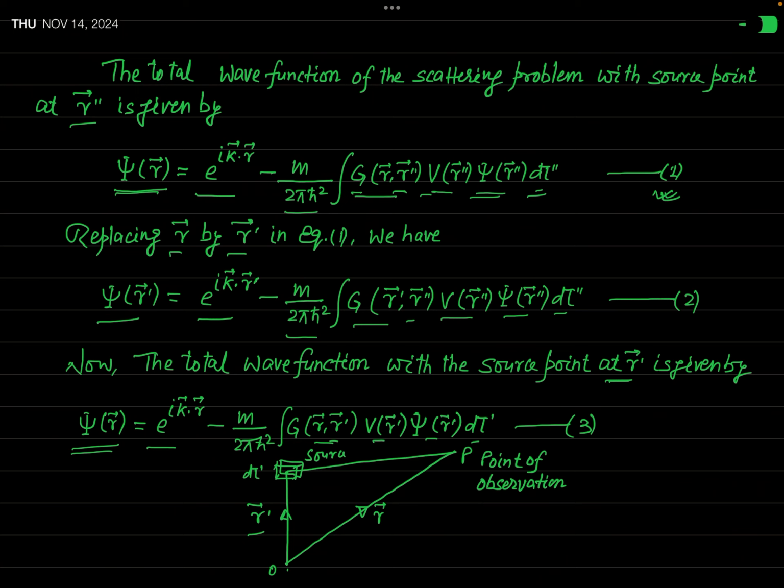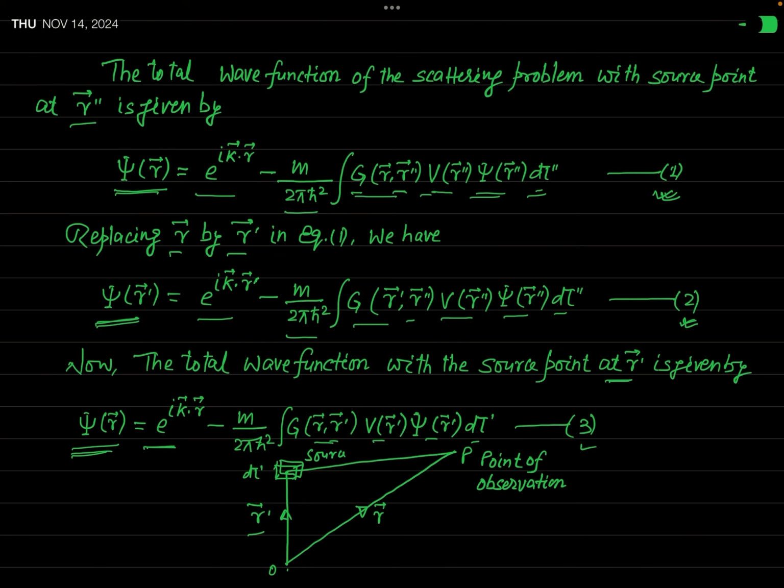Now in fact the value of this psi of r dashed has been defined in equation 2. Now let us substitute this value of psi of r dashed in equation 3. So when you write the expression for psi of r using equation 2 in 3, the first term in the RHS will be e to the power i k dot r.